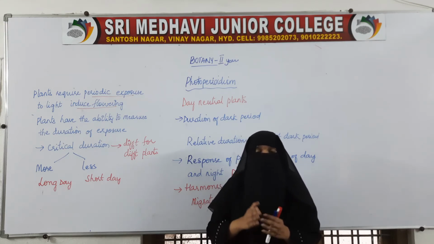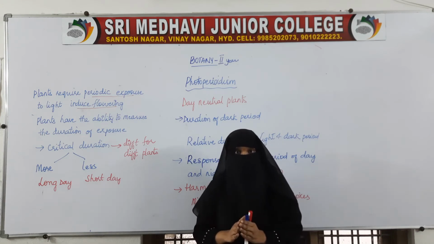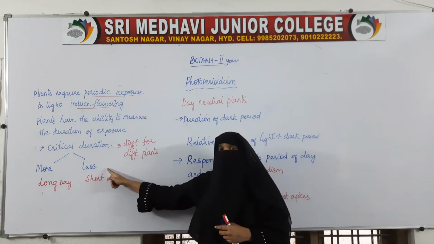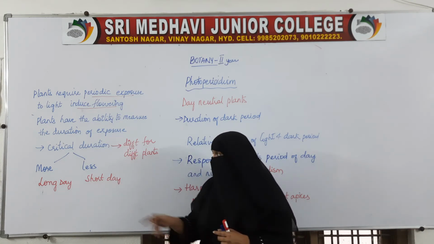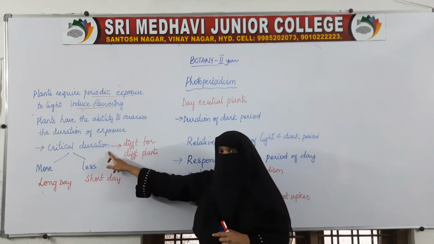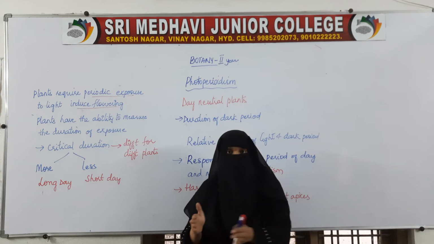When they get the extra hours, they will not produce flowers. So, they should get sunlight which is less than that critical duration. Such plants are called short day plants. And this critical duration will be different for different plants. For mango plant, it will be different.